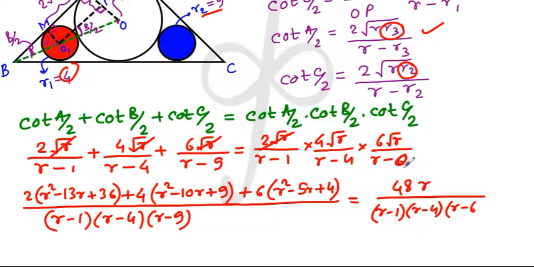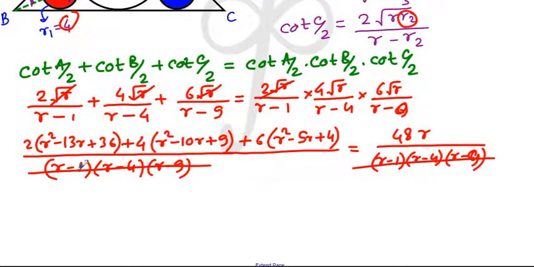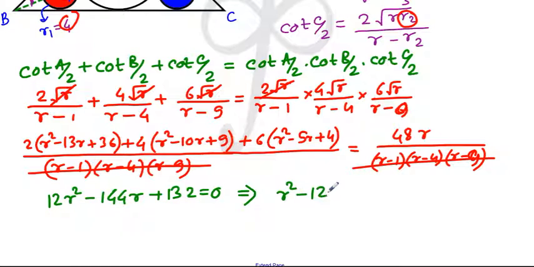So this denominator gets cancelled out, being the same denominator. So we can write down a quadratic equation that will be 12R squared minus 144R plus 132 equal to 0. And on simplifying this quadratic, it will become R squared minus 12R plus 11 equal to 0.